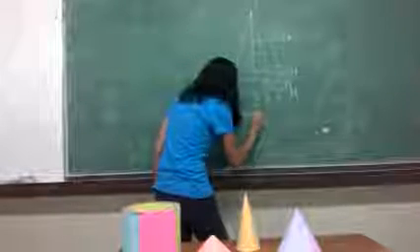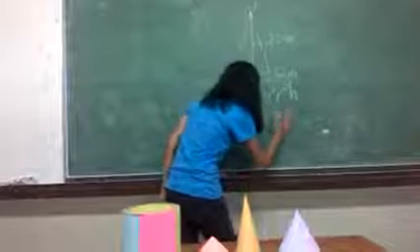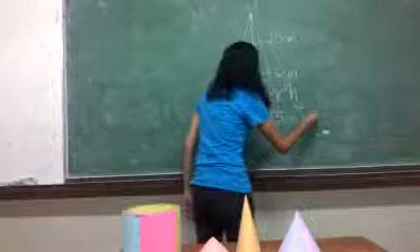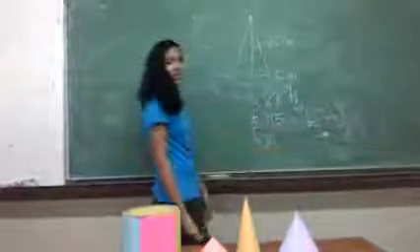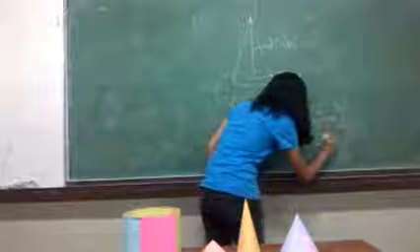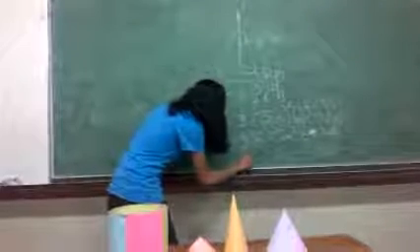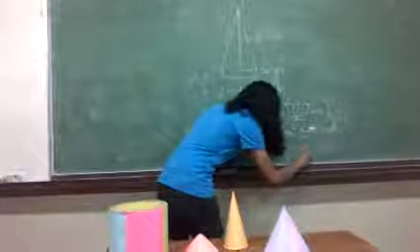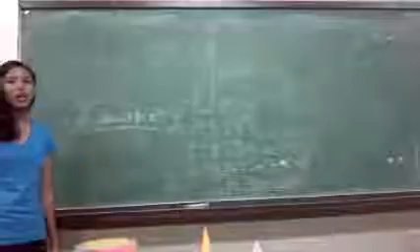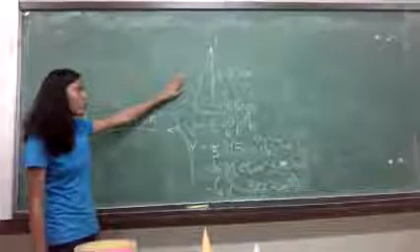Volume equals 1/3 pi, radius is 5 cm squared, and the height of 20 cm. 5 cm squared is equal to 25 cm squared times 20 cm, which is equal to 500 cm cube. Therefore, the volume of a cone with a radius of 5 cm and a height of 20 cm is 166.67 pi cm cube.